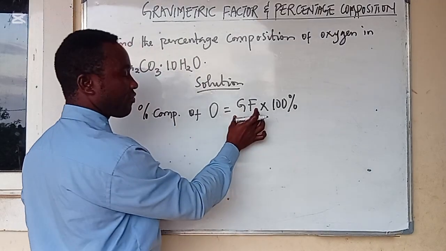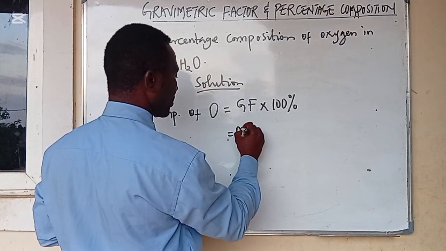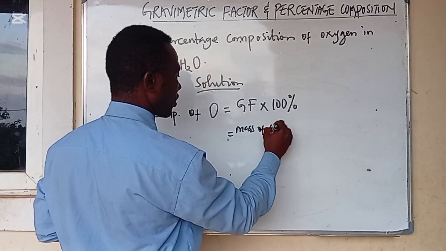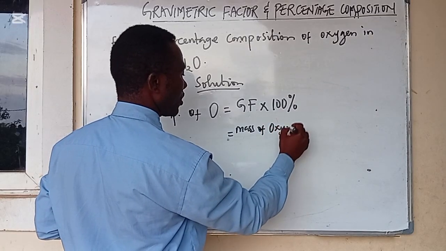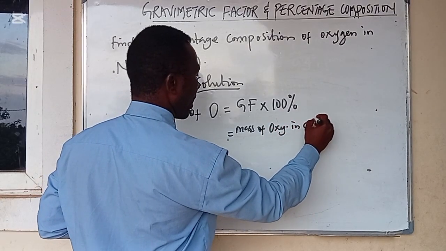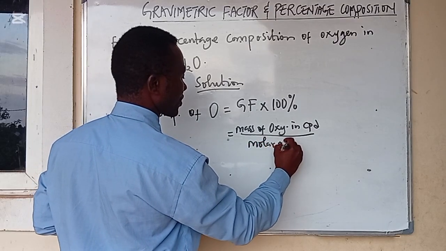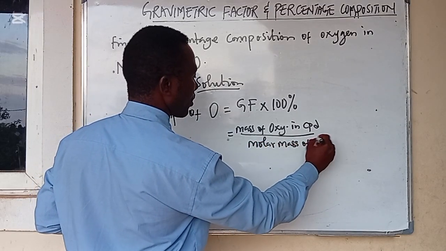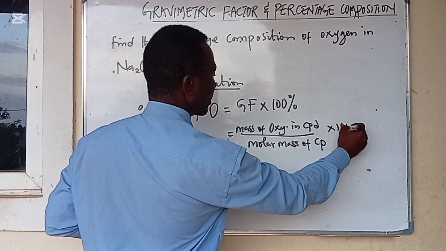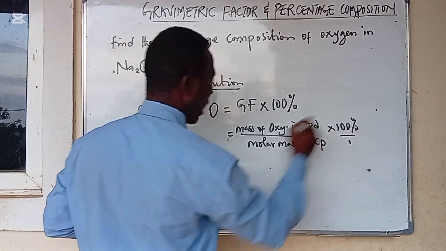Remember that gravimetric factor is the mass of oxygen in the compound divided by the molar mass of the compound, times 100% over 1.